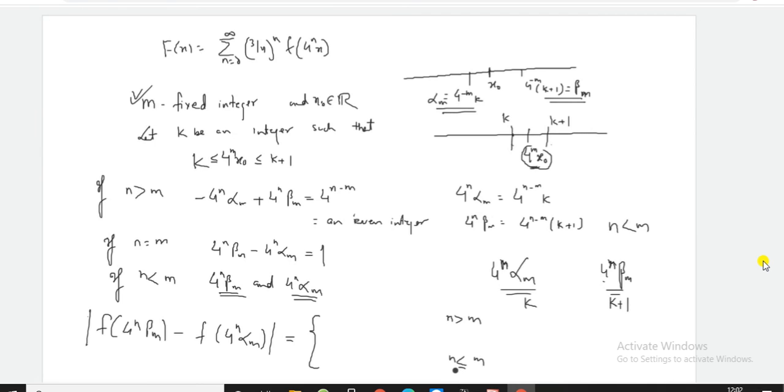What is this? Are you agree that this is equal to 0 and this is equal to 4 to the power n minus m? Yes, sir. When n bigger than m, this is 0.